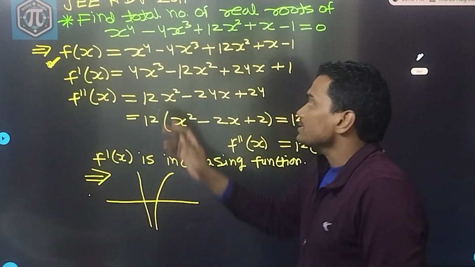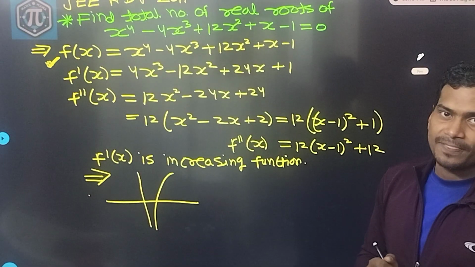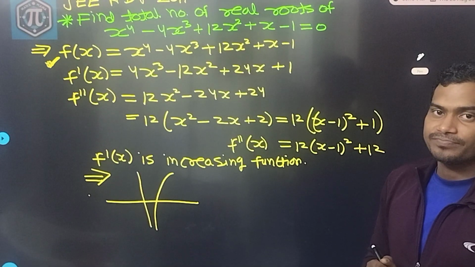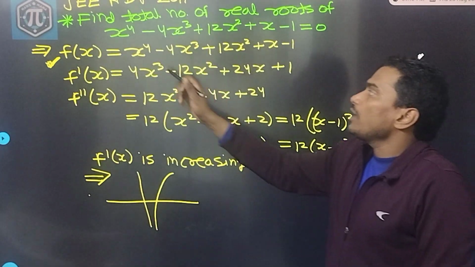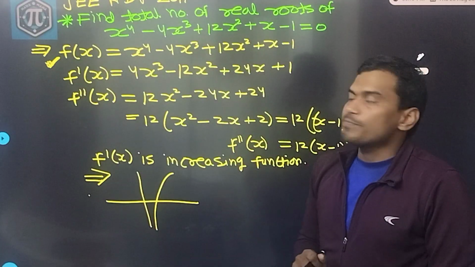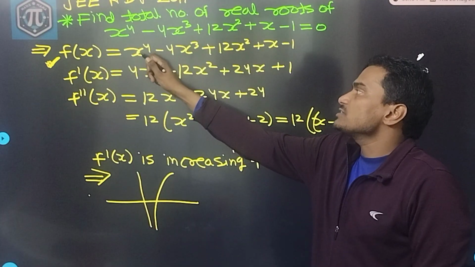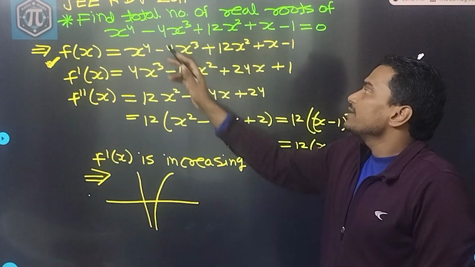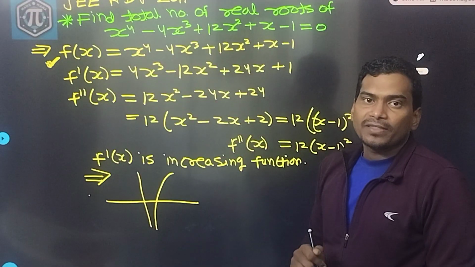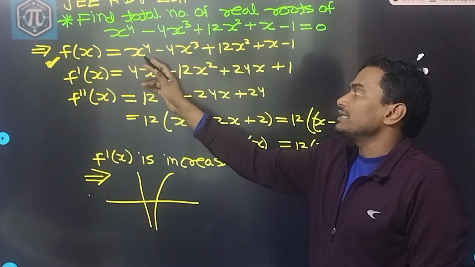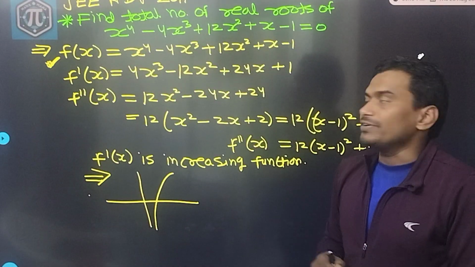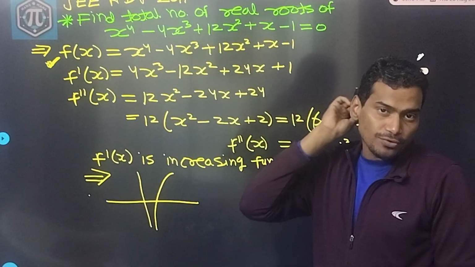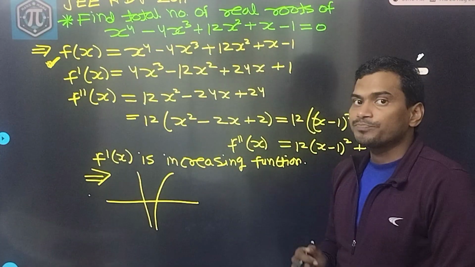And what is f of x? F of x is this. Clear till here? Now you can see it is power 4. So if x is going to minus infinity, function will go to infinity, and if x is going to plus infinity, again function will go to infinity. That means function is always going to infinity.